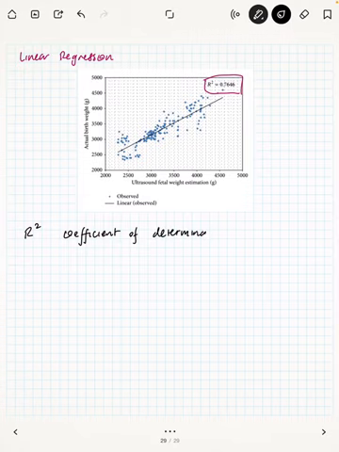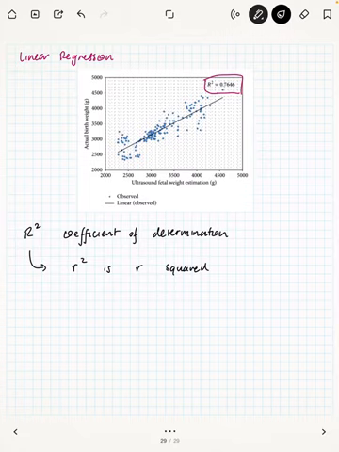Its exact meaning we'll talk about later in this course, but what's important about it is that we get the coefficient of determination from the linear correlation coefficient. So, literally, R squared is R squared, which means conversely, if you have the R squared value, you can find what R is.